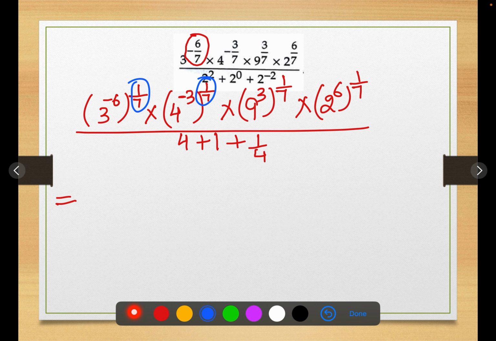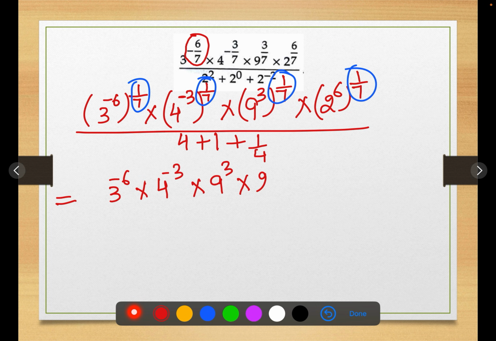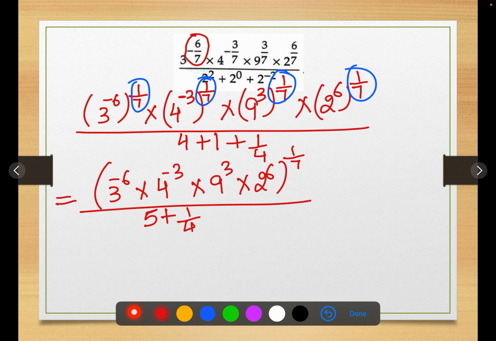Every number is with the power 1 upon 7, so I'll combine all of them. So this is 9 to the power 3, 2 to the power 6, and whole to the power 1 upon 7, upon, if I see down, 5 upon 4.